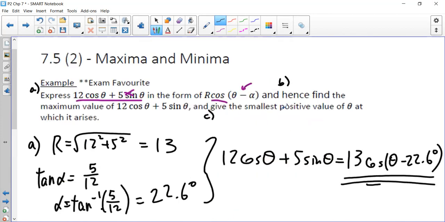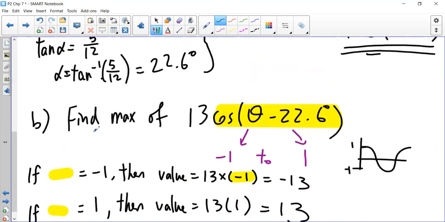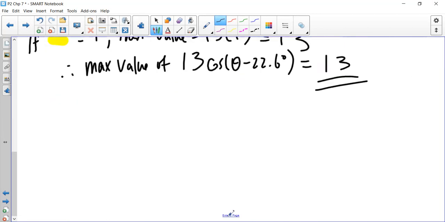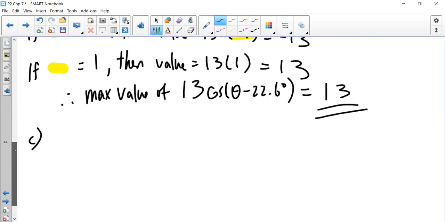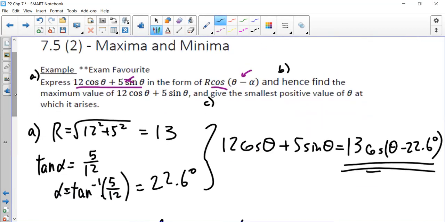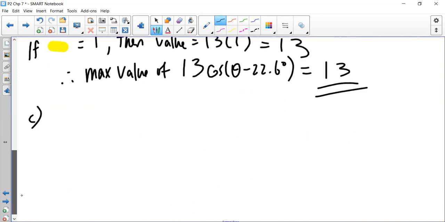Right, part C: give the smallest possible value of theta at which it arises. I know it's like an English lesson, but what does "it" refer to? This "it" refers to the maximum value. So when does the maximum value occur?